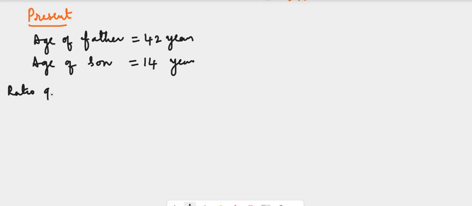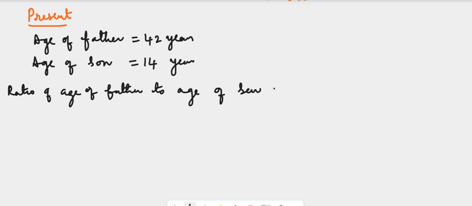Ratio of age of father to age of son is equal to 42 is to 14. So in both, 14 table, 14 3s are 42, 14 1s are 14. So the answer is 3:1.